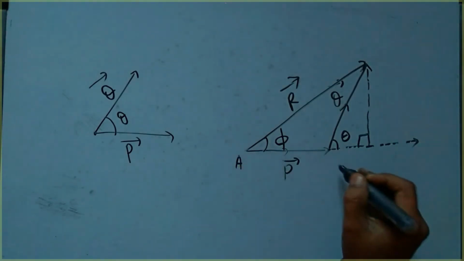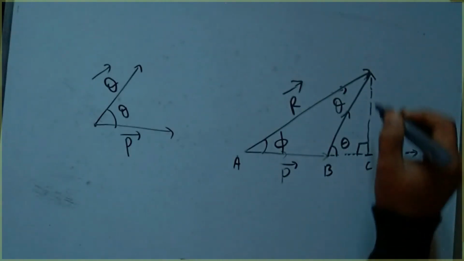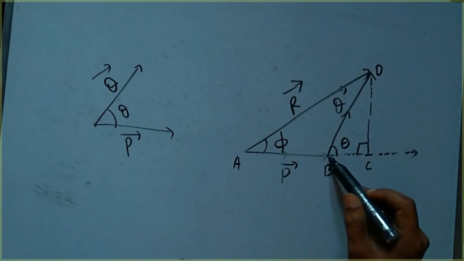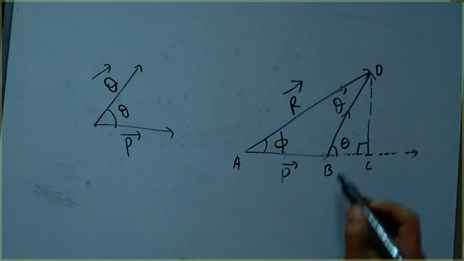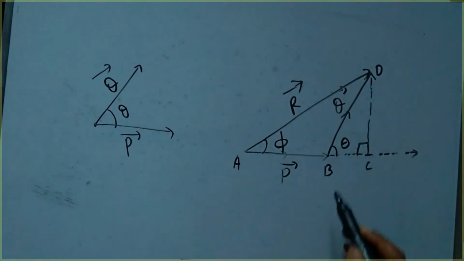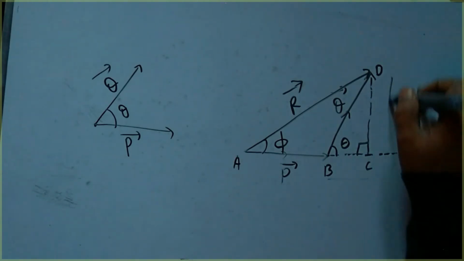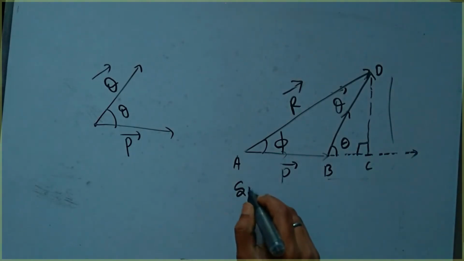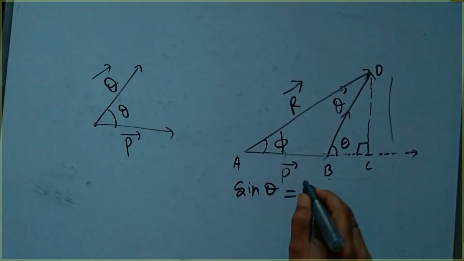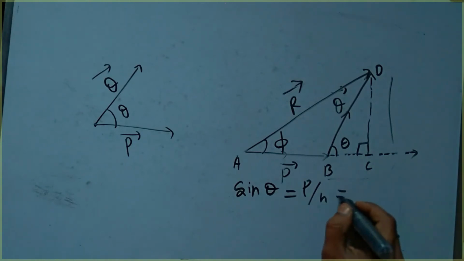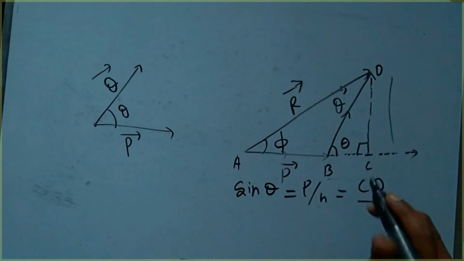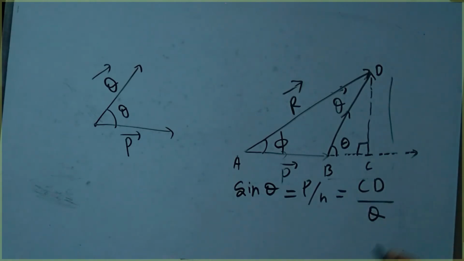Let it be A, B, C and D. So if we take triangle BCD, in triangle BCD we have to find BC and CD. If we take sine theta, which is always perpendicular by hypotenuse, CD being the perpendicular and the hypotenuse being Q vector itself, we take the magnitude only.